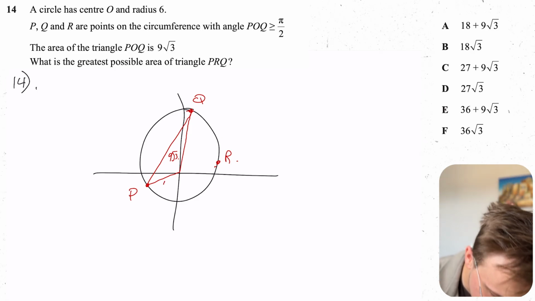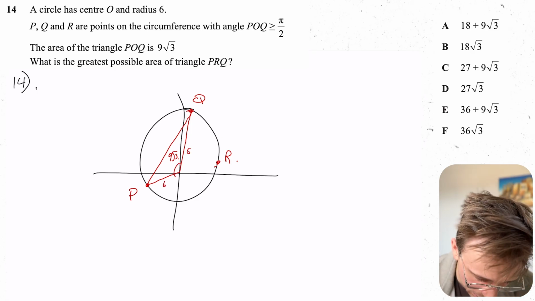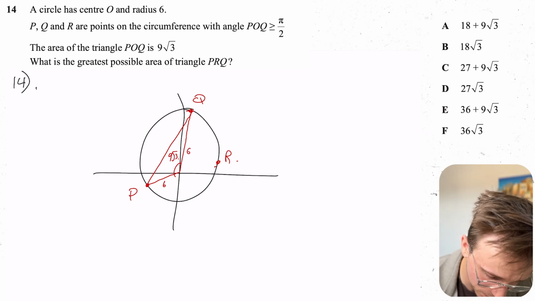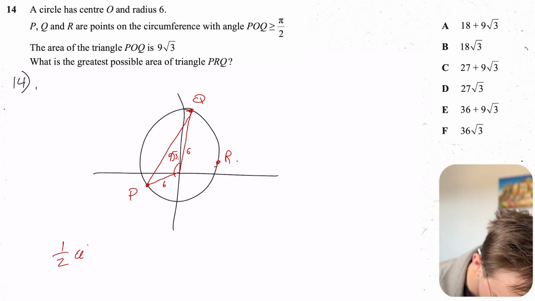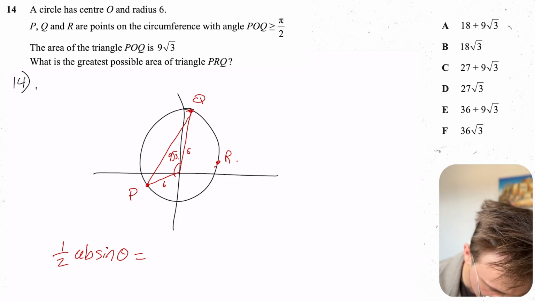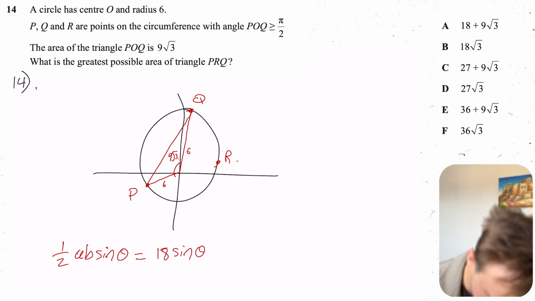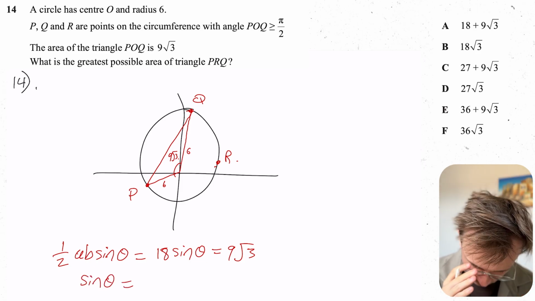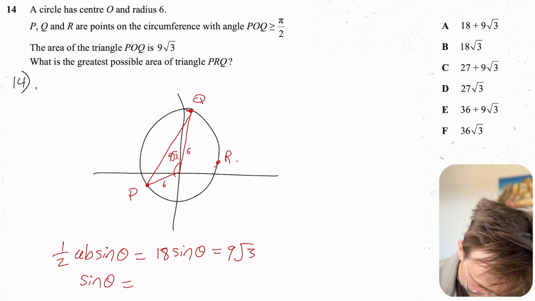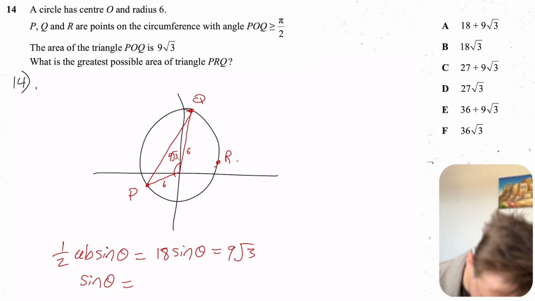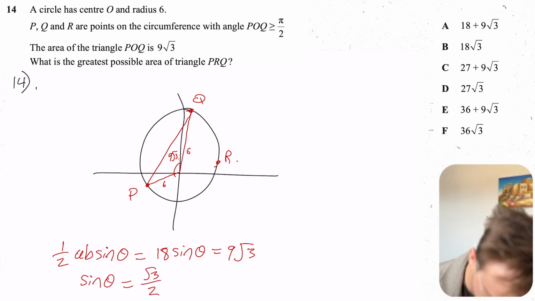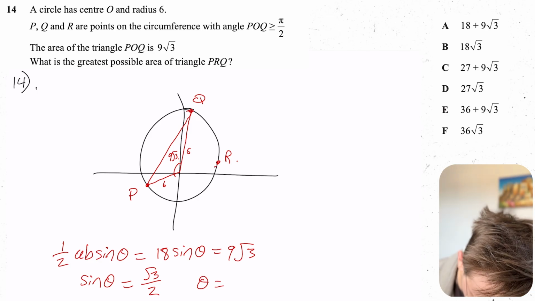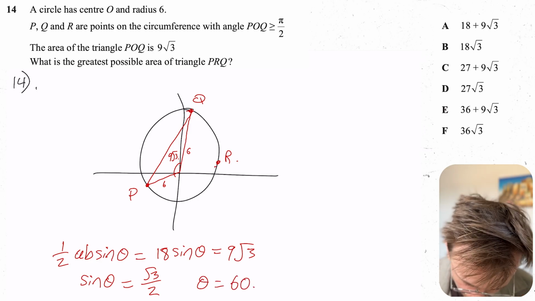Well, I know this is 6, 6, and then whatever the angle is in between, by half ab sine theta for any triangle is equal to 18 sine theta is equal to 9 root 3, and so therefore sine theta equals root 3 over 2, so therefore theta equals 60 degrees, but we know it can't be 60 degrees.